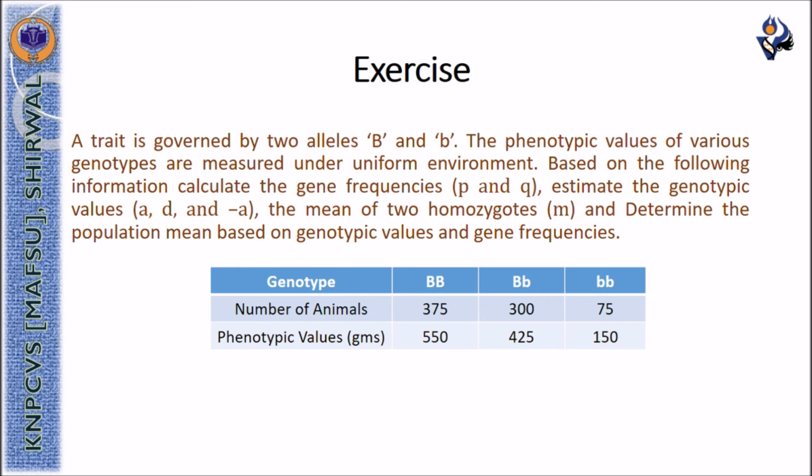Based on the following information, calculate the gene frequencies small p and small q. Estimate the genotypic values small a, small d and minus a. The mean of the two homozygotes, that is small m, and determine the population mean based on genotypic values and gene frequencies.